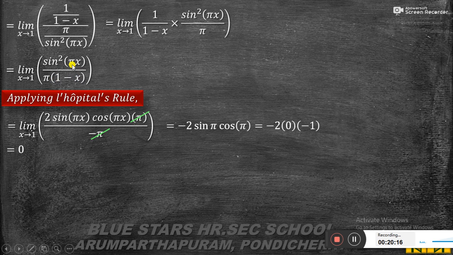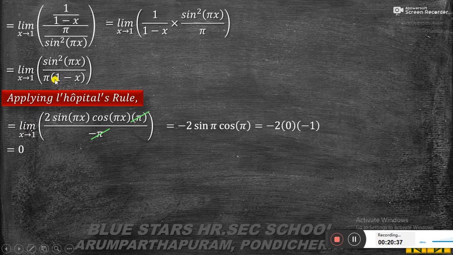So I converted it into numerator by denominator. Now I apply the limit and I get an indeterminate form. After the indeterminate form we apply the L'Hopital rule, which means we differentiate the numerator and the denominator.